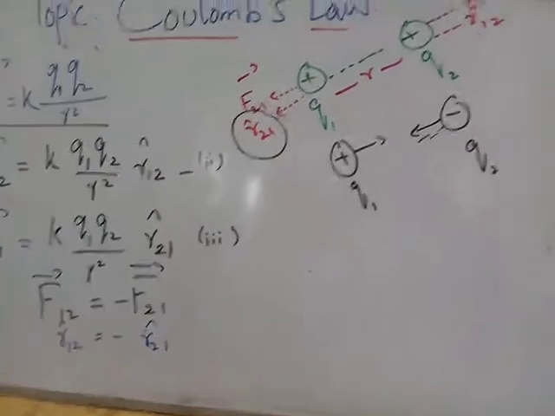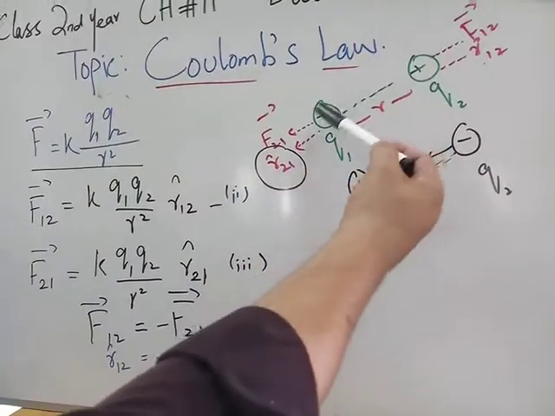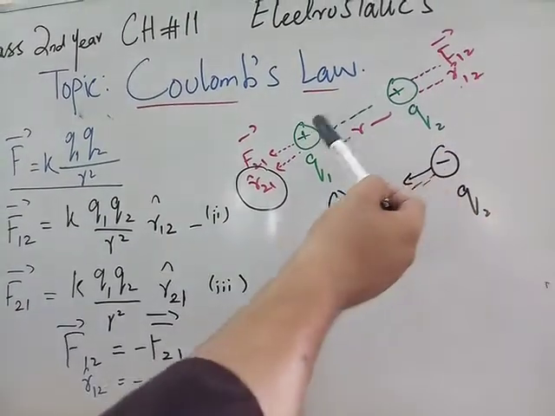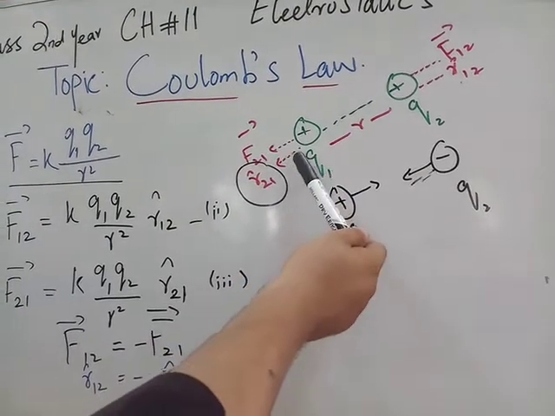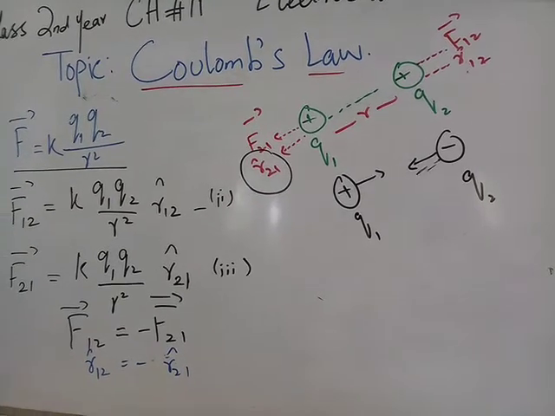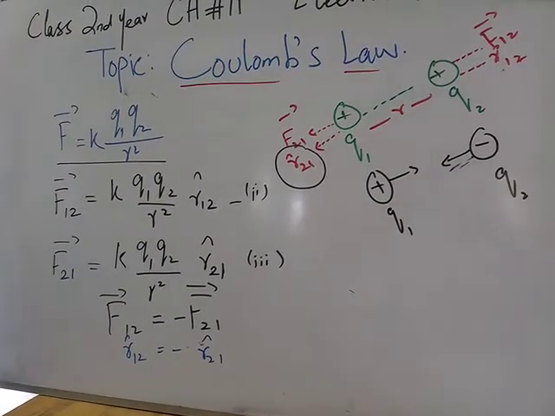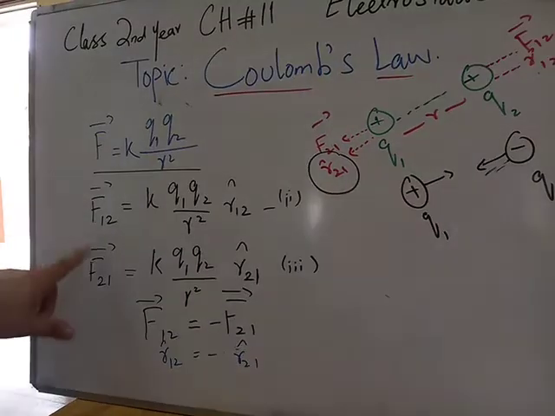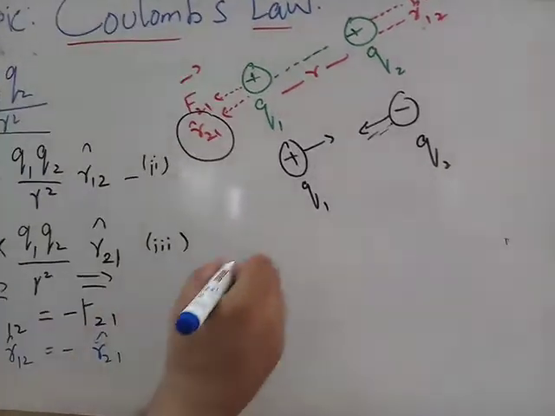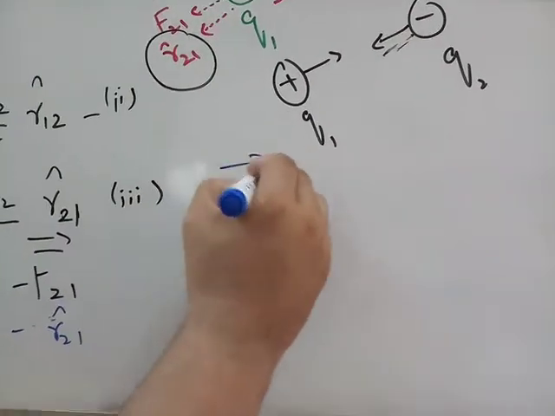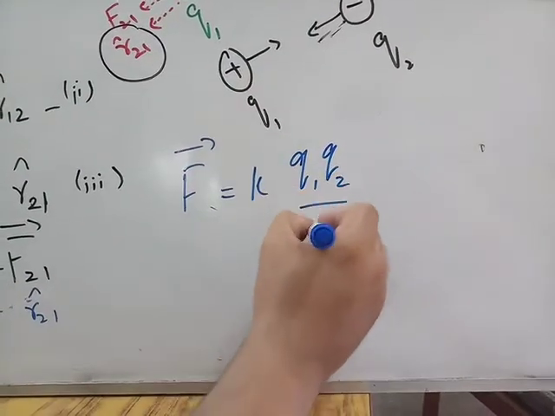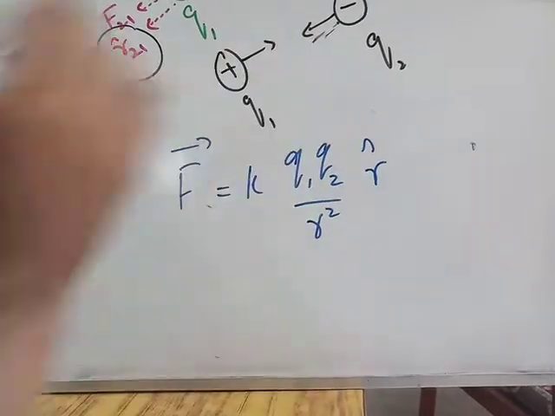We can say that R12 is equal and opposite. If these two forces are like in diagram 1, Q1 and Q2, the F12 force has position vector R12, and the F21 force has position vector R21. So this is Coulomb's law. This force is a vector quantity, so we can write the vectorial form: F equals K Q1 Q2 over R square times the unit vector.